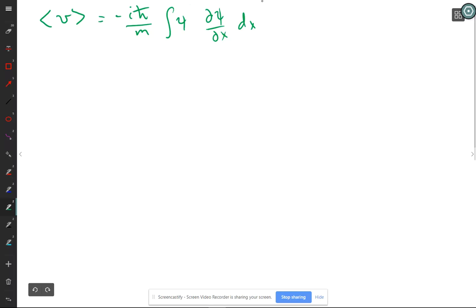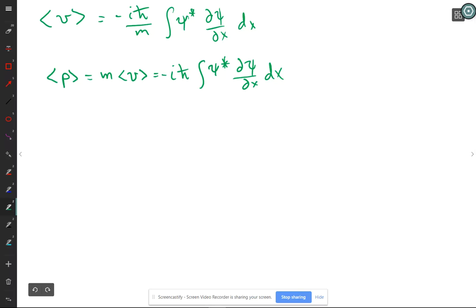So that's our expectation value for position we found, and thus the expectation value for momentum. There's the expectation value for momentum.